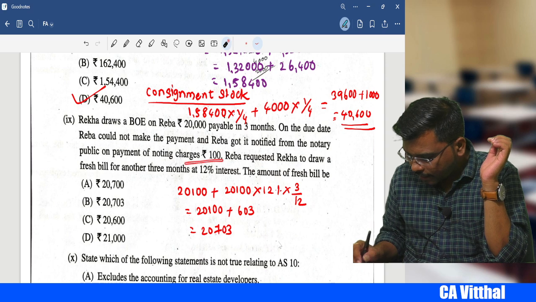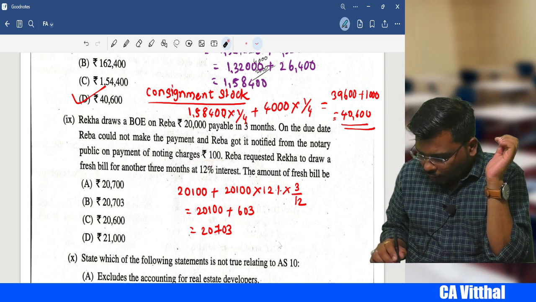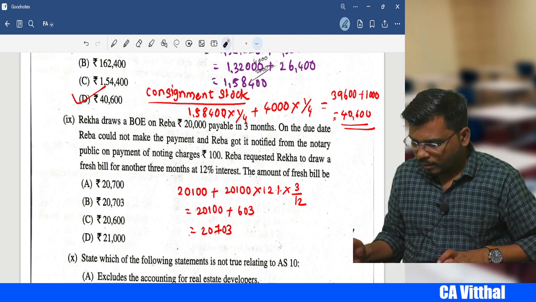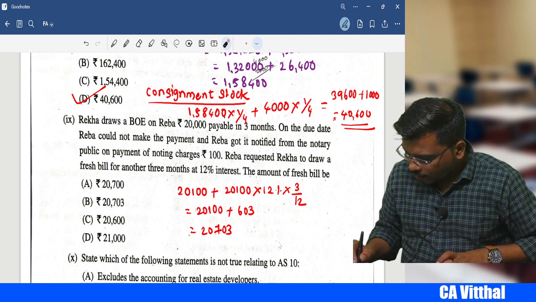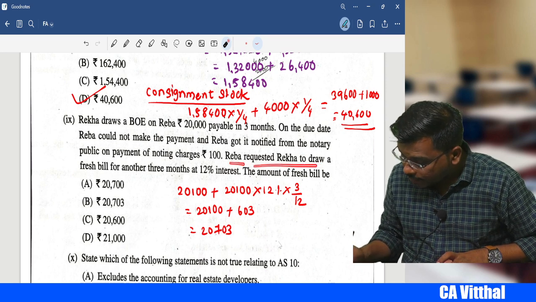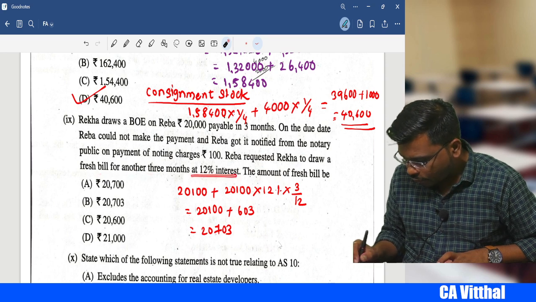How much, sir? 100. Riba requested Rekha to draw a fresh bill for 3 months at the rate of 12%.